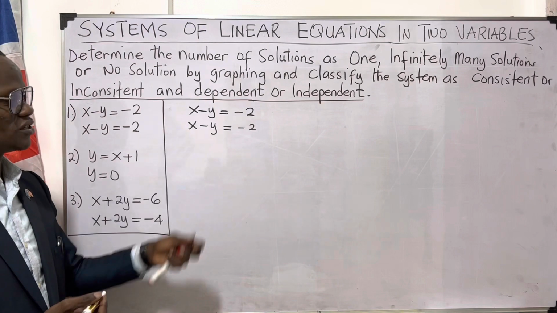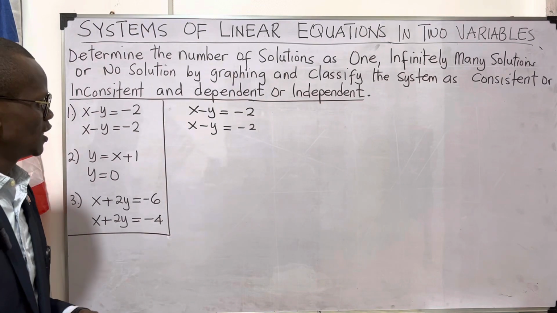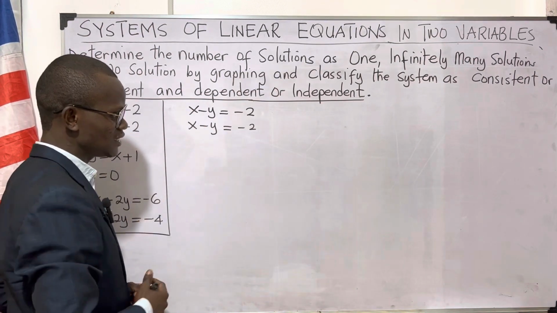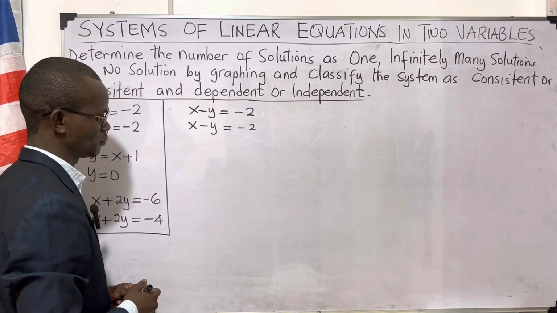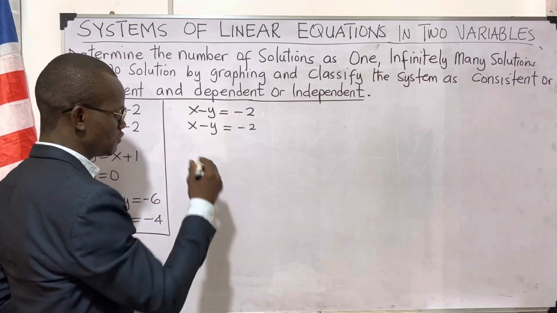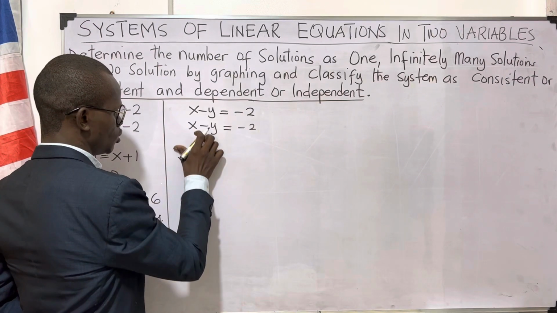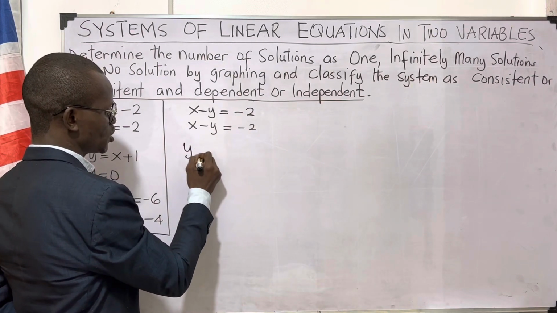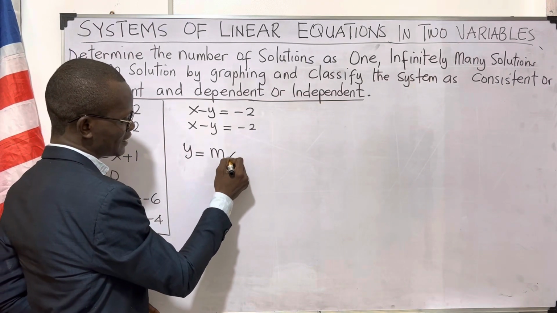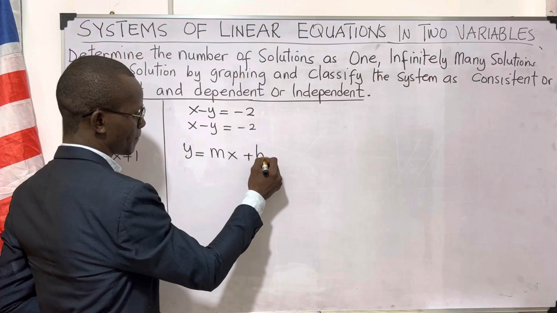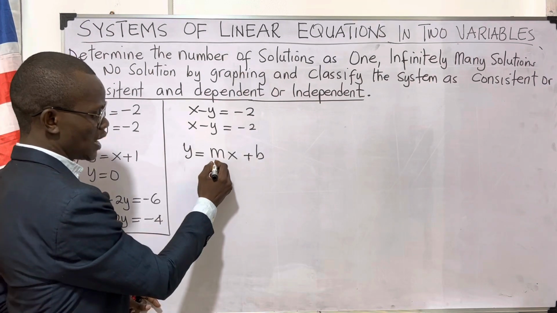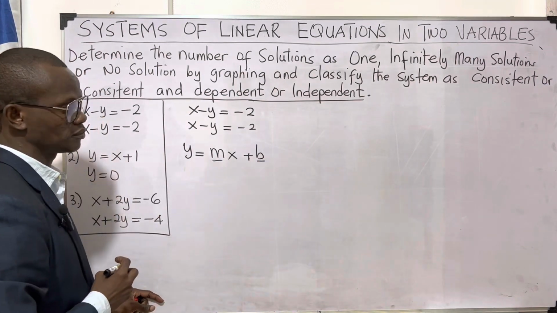We see that the two equations are the same, right? So the graph of the first equation will be the same as the graph of this one. But let's see how it looks. The first thing we must do is find the y-intercept. We want to solve this equation so that it is in the form y equals mx plus b, so that we can identify our slope m and our y-intercept.